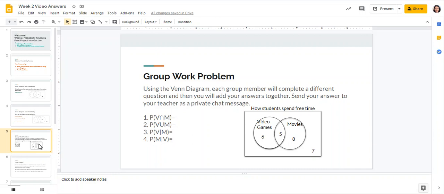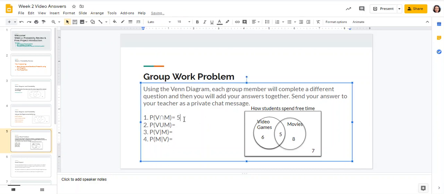So we're looking at the Venn diagram over here, and we're answering 1, 2, 3, 4. So the probability that a student plays both video games and watches movies is going to be the number of students who do both, 5, out of the total number of students, which is 26 students.